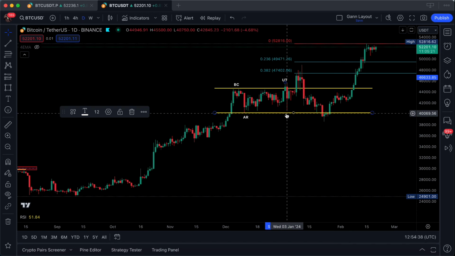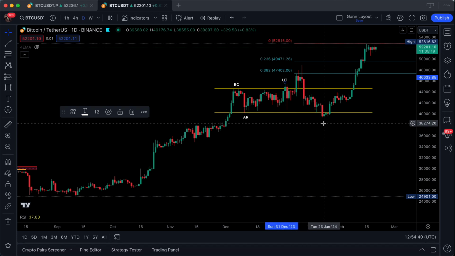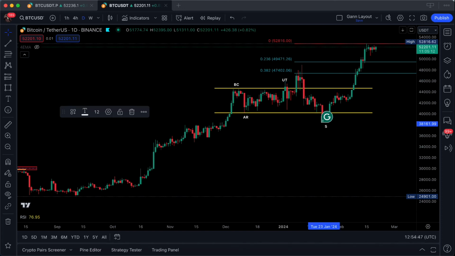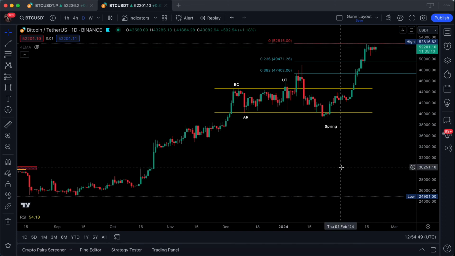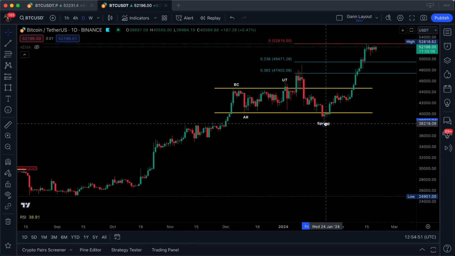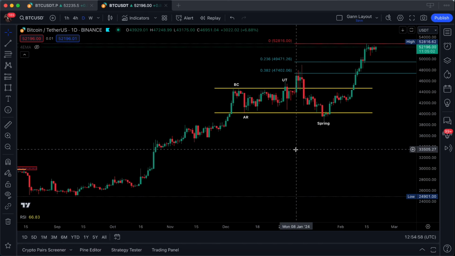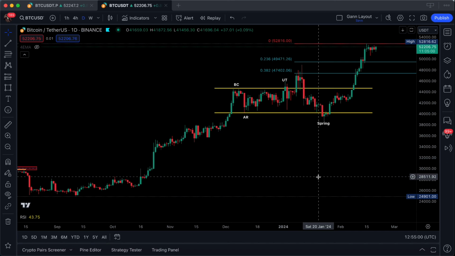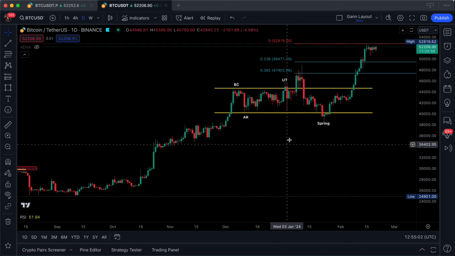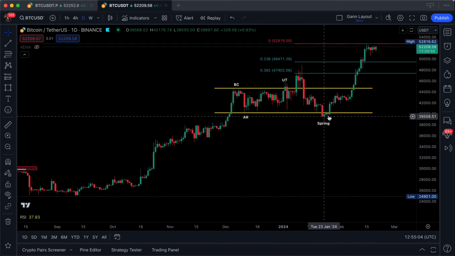Where to? To the range low. And what is this? This, gentlemen, is a spring action. Why? Because the purpose of this move was to make everyone think that price is going to 33K, to 30K, to 20K, whatever, okay? And what did the spring action do?